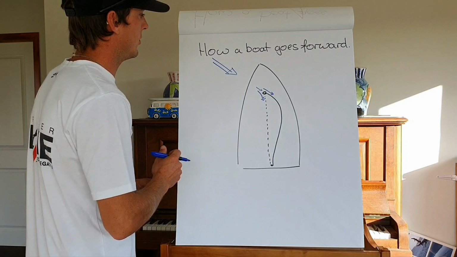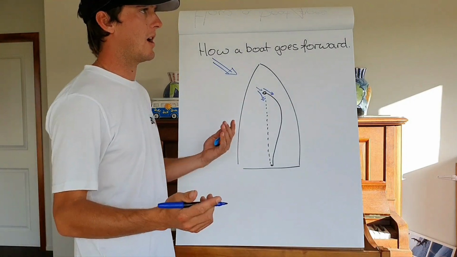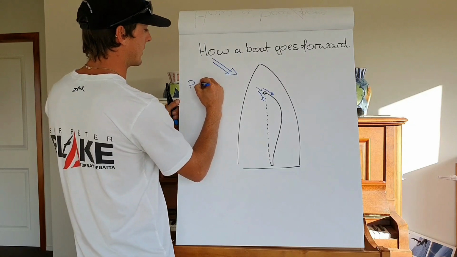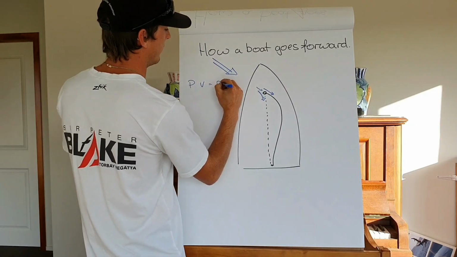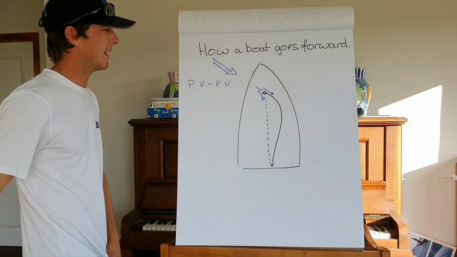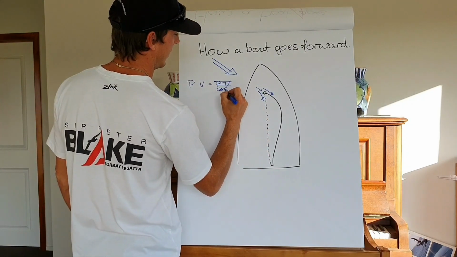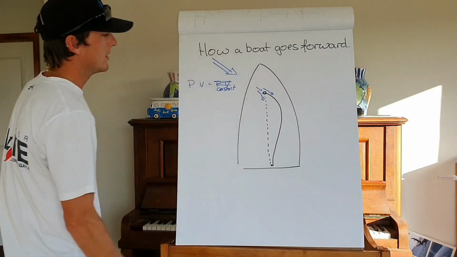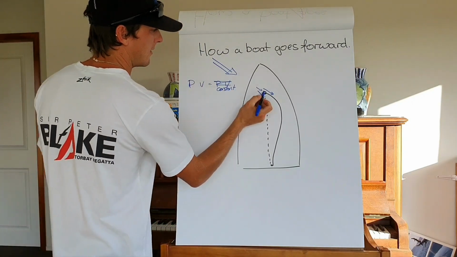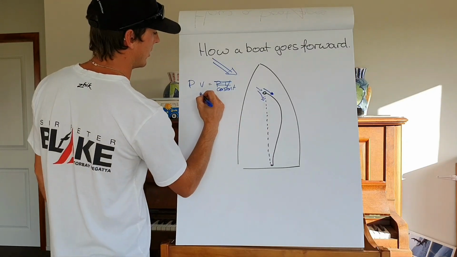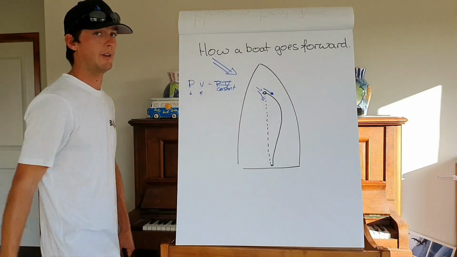So if you think of an equation, pressure and velocity on one side has got to equal the pressure and velocity of the other side, or equals a constant, I should say.